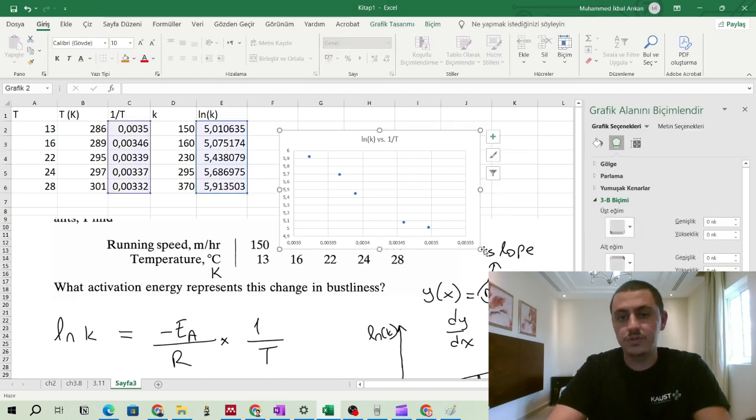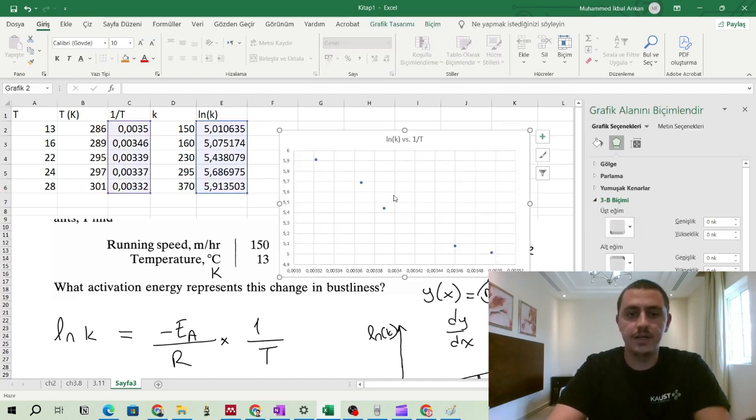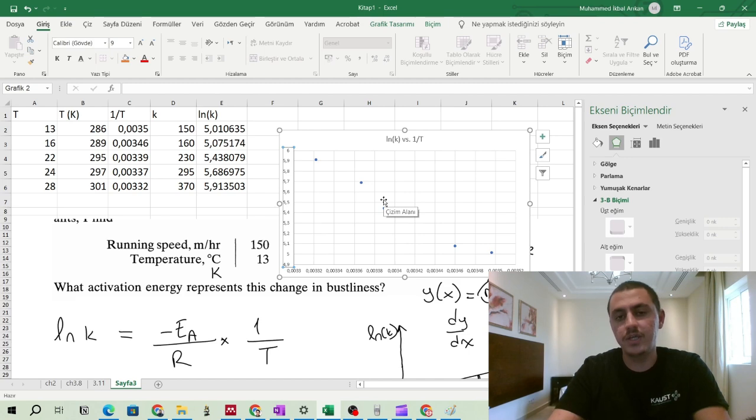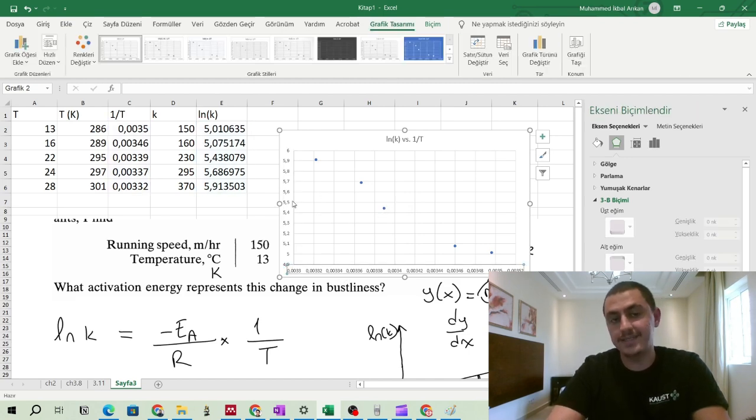But if you use a calculator and get slopes, you can get different values between all these points. You can do this, but take the slope of them, maybe average them, or just use one of them, but note that a more accurate result can be extracted from an Excel plot or something else.